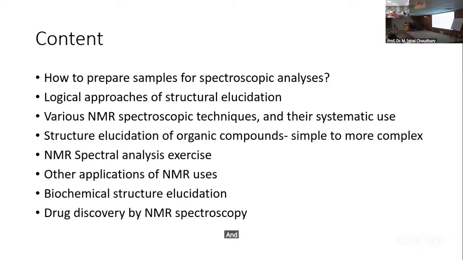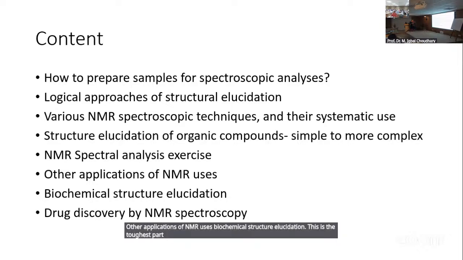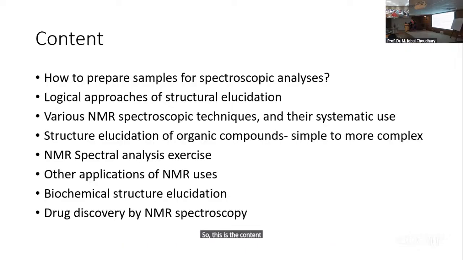NMR spectral analysis exercise is a part of the structural elucidation. Other applications of NMR include biochemical structure elucidation, which is the toughest part, I think, and drug discovery using NMR spectroscopy. So this is the content that we will be discussing, not all in today's class.